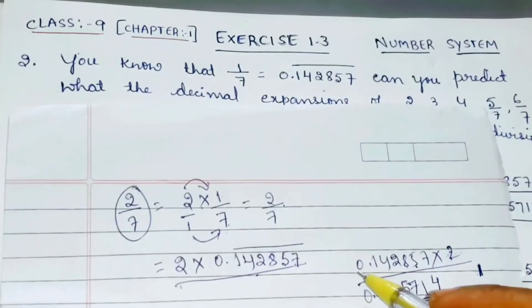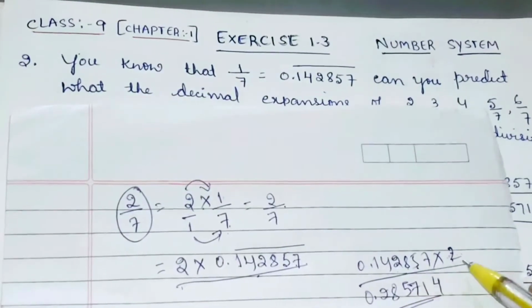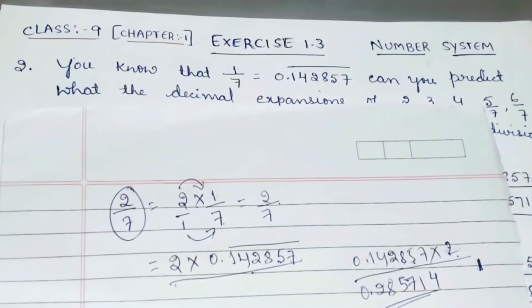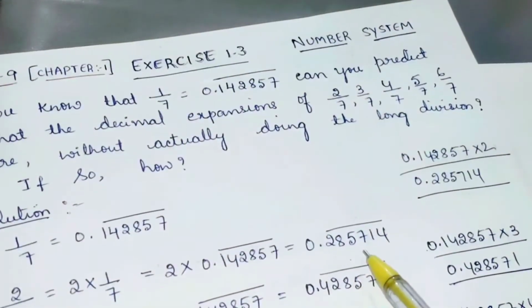So if you multiply 0.142857 into 2, the answer is 0.285714. See, I have written.